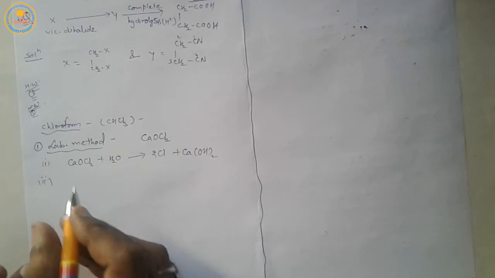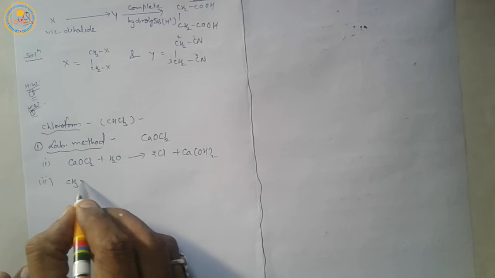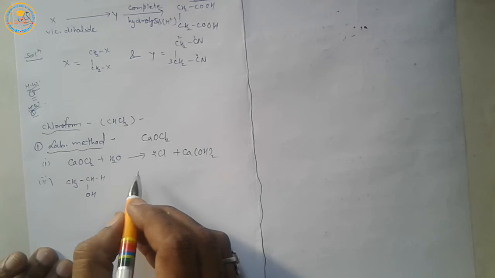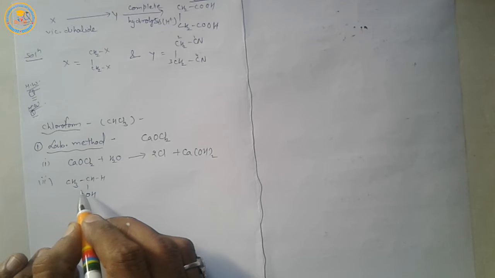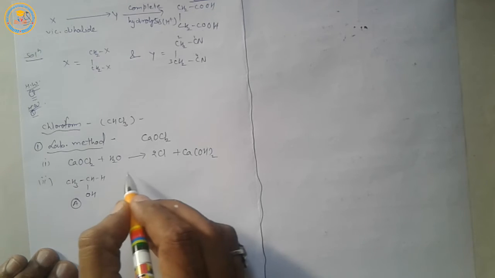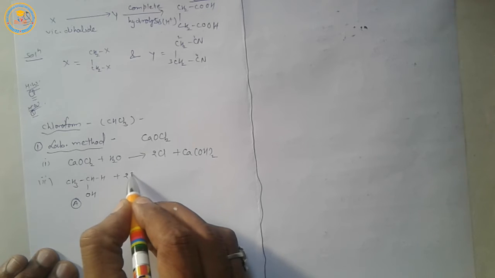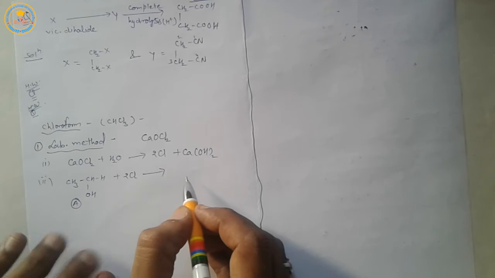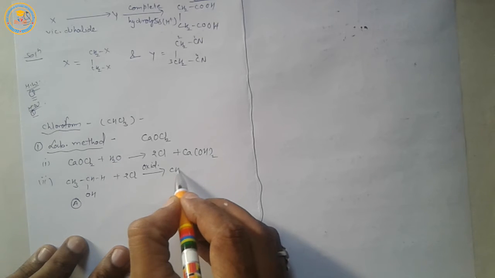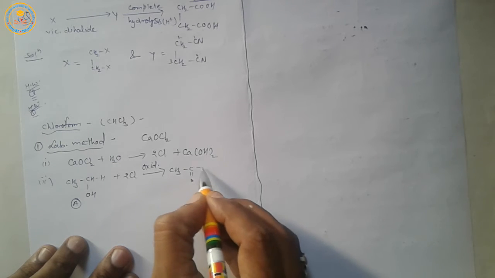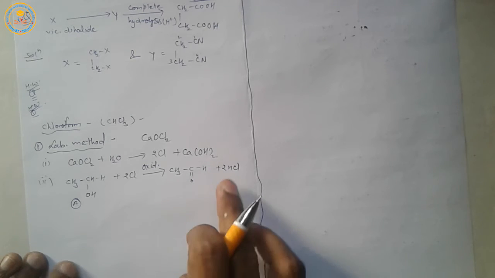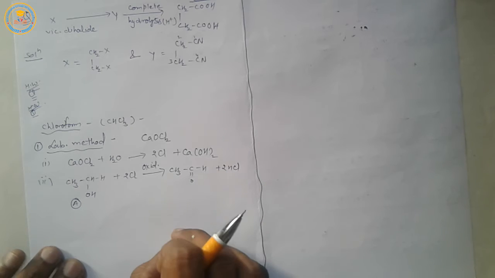So the chemical equation will be: this is the ethanol molecule, a structure A type compound, and this is nascent chlorine. After oxidation, acetaldehyde is formed, after removing an HCl molecule.